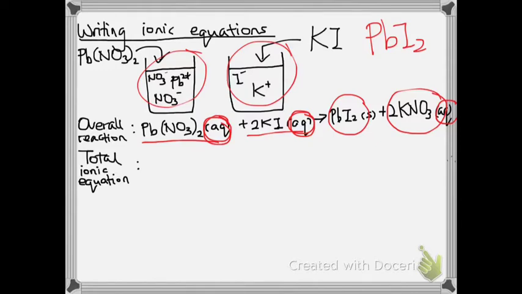So how do we do that? Let's look at lead 2 nitrate first. When it's in solution, as you can see in the diagram, it splits up into Pb2+ (aq) plus, don't forget, 2 nitrate ions.